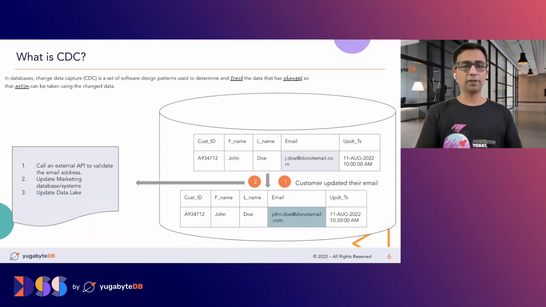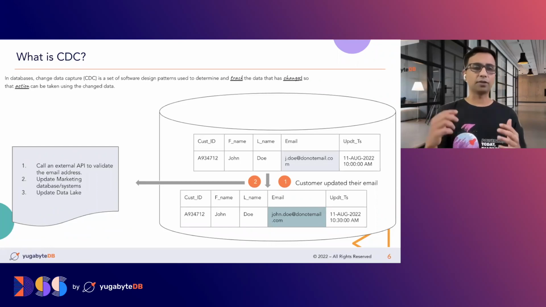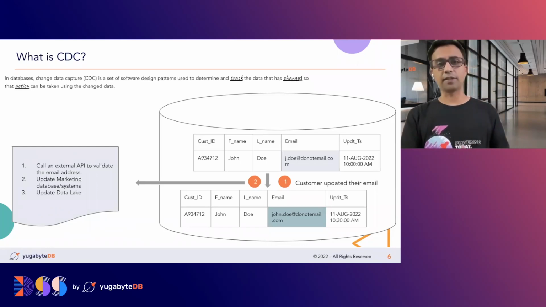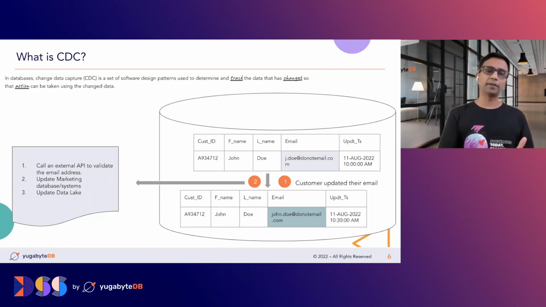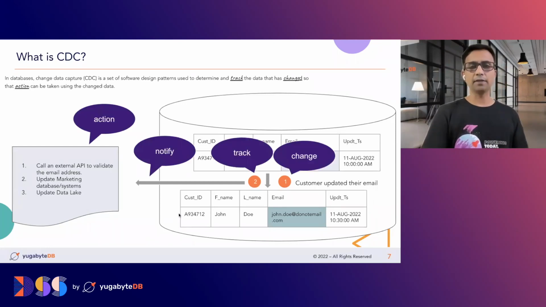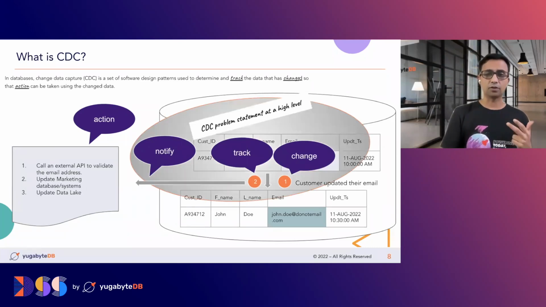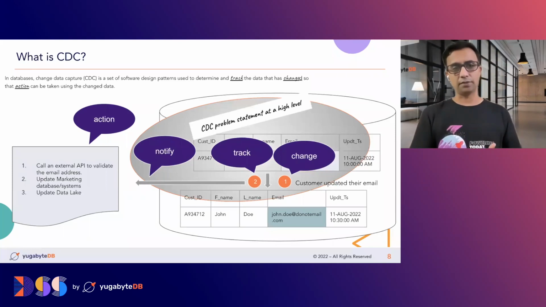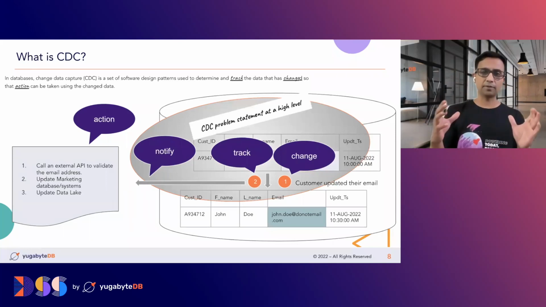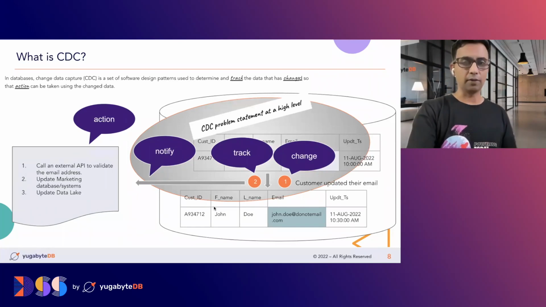Number two, maybe we want to update some marketing database and systems, and then also send this change over to a data lake so it also stays updated. So as you can see in this simple example, based on a change, there are downstream actions to be taken. There is the change, there is tracking the change, and there is notification. This, in some sense, is the scope of the CDC problem at a very high level, right?